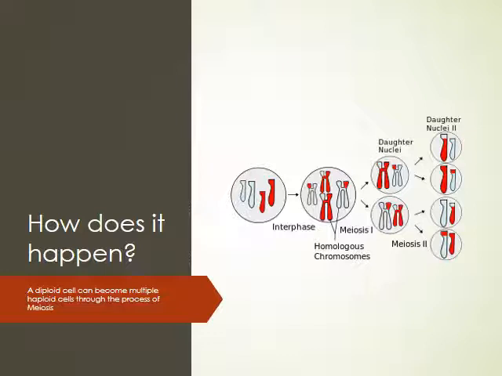Those split in half, and how many have you produced? 8. 8 go to 16. 16 to 32. 32 to 64. 64 to 128. 128 to 256. 256 to 512. 512 to 1024. And so on. Eventually, you have enough cells to go from the single zygote to what's known as a blastula, which is a hollow ball of cells.